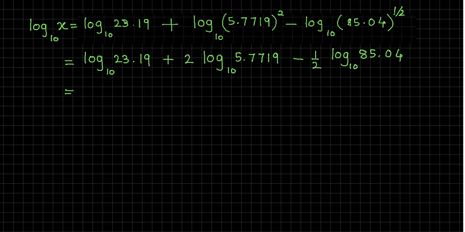Log of 23.19 will turn out to be 1.3653 plus 2 into log of 5.7719. Now here we have to just understand one point. While taking the logarithms, as we have to momentarily skip the decimal point, so you will get 5 digits, that is 57719.